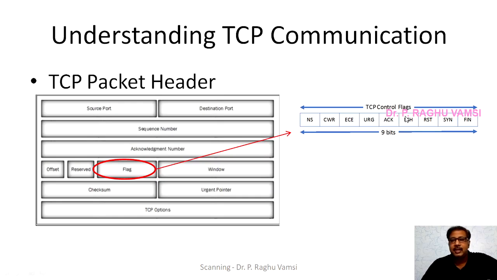This is the way the flag should be set to represent an acknowledgement packet. And if you want to mention a finish packet, then the first 8 bits should be 0 and the finish bit should be 1. So this is the way this particular flag will be set in the TCP packet header.